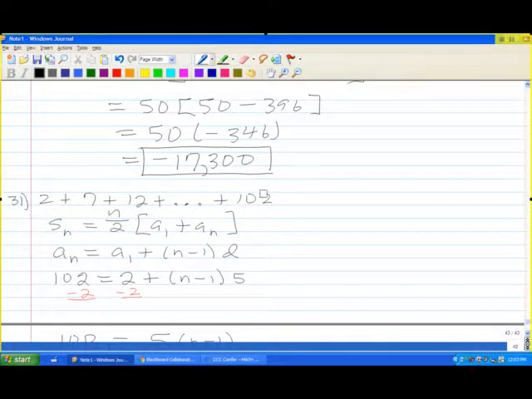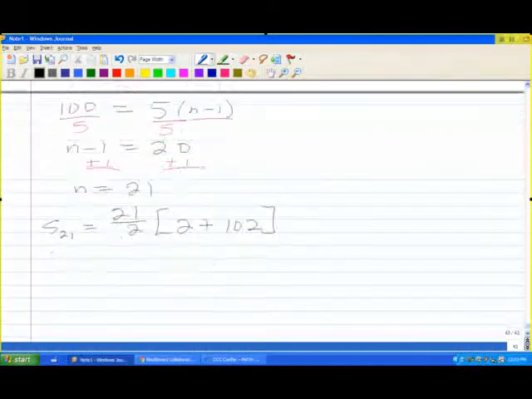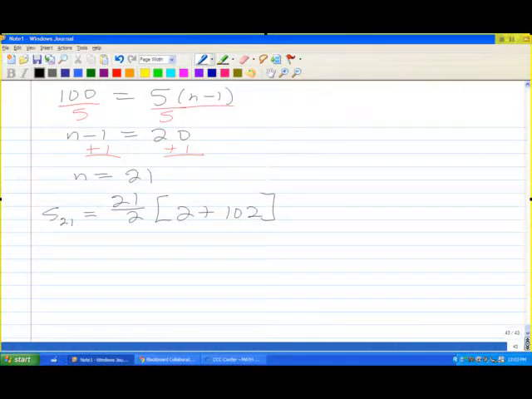So I add the first term and the last term, then multiply by n and divide by 2. And so this is equal to 21 over 2 times 104, which is 21 times 52.